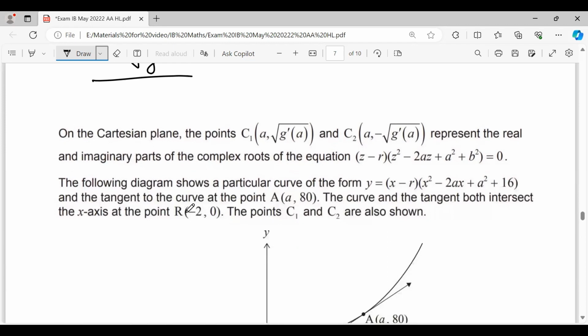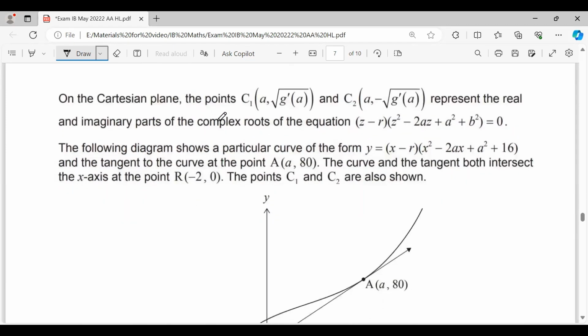On the Cartesian plane, the points C1 and C2 represent the real and imaginary parts of the complex roots of these equations. The following diagram shows a particular curve of this form, and the tangent to the curve at the point a comma at. The curve and the tangent both intersect the x-axis at the point r, minus 2 comma 0.